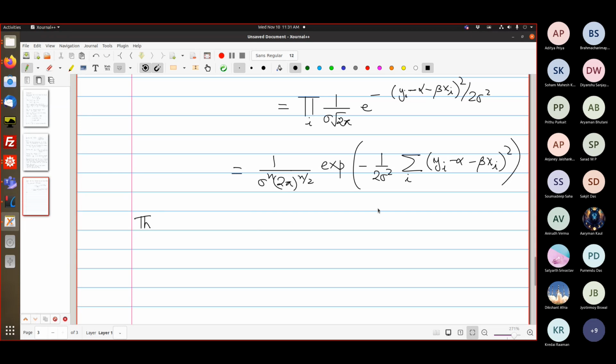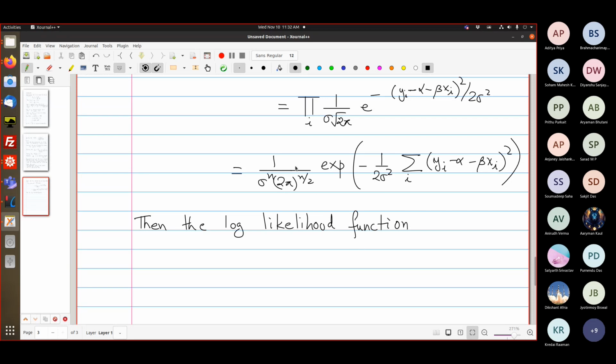Now, what's the usual way? We want to maximize with respect to alpha and beta, and a standard trick is to take the log, which we call the log likelihood function. If you take the log of this, you get the sum over i of (yi minus alpha minus beta xi) whole squared, and some extra factors.